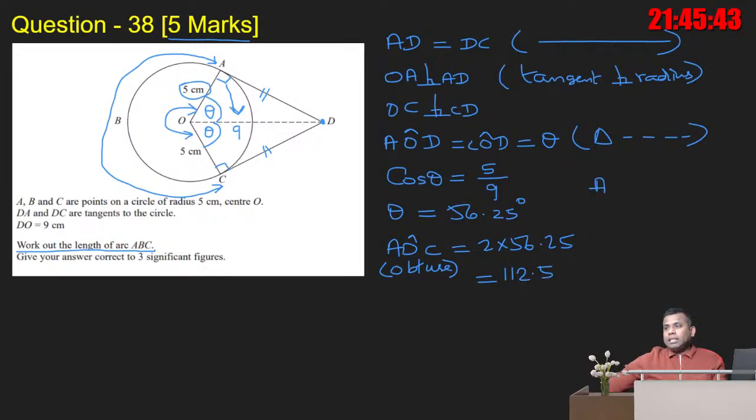Now ADC is a reflex angle, so you need to write 360 minus 112.5. 360 take away 112.5, and that is 247.5.